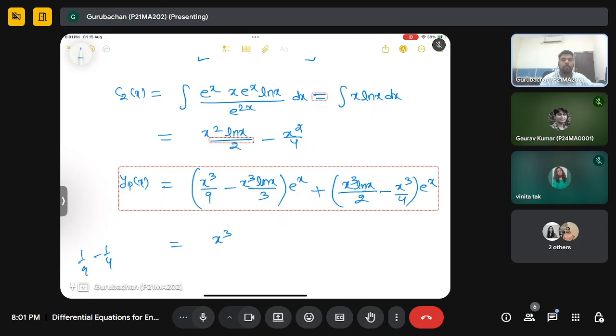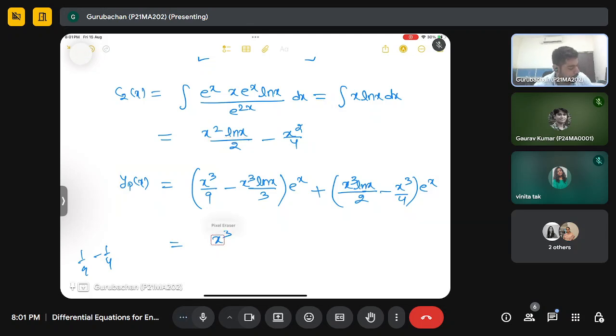You can say, while this other part, let me just write it, minus 5 by 36 x cube, and this minus 1 by 3 and plus 1 by 2 will give you 1 by 6.